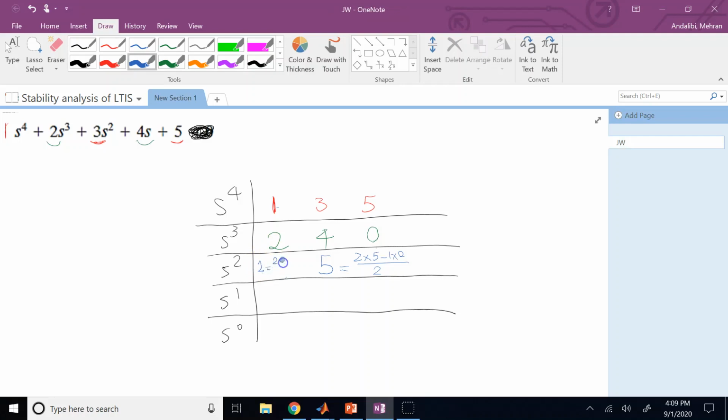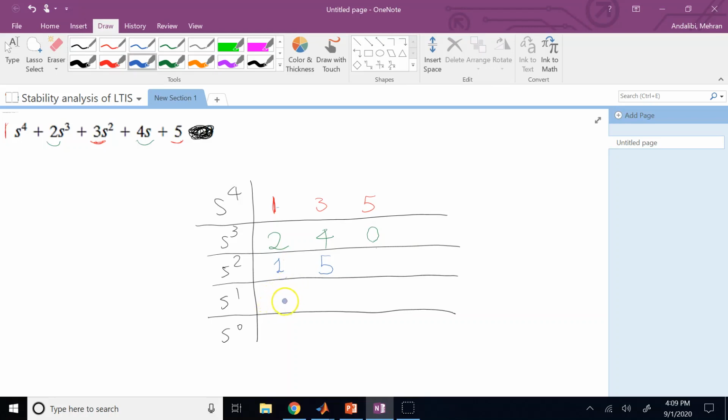So this was 2 times 3 minus 1 times 4, and then the whole thing divided by 2. So this is 1, that is 5. Okay, so now let me clean it.